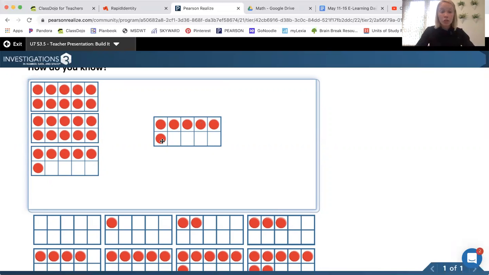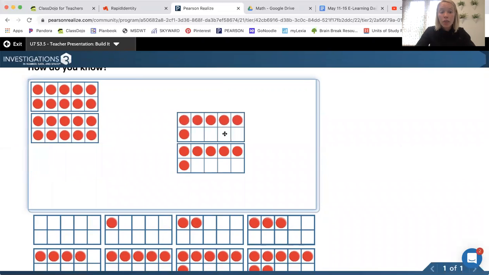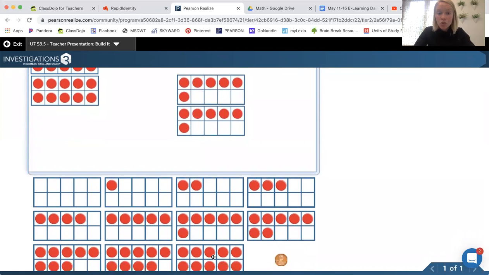Another way that we could do it is we could take all of our ones over here and put those together. Something that I noticed, I have 5 up here, and then I have 5 down here. Well, I know if I have 5 and 5, that makes a group of 10. So I'm going to take a group of 10 and put it here.